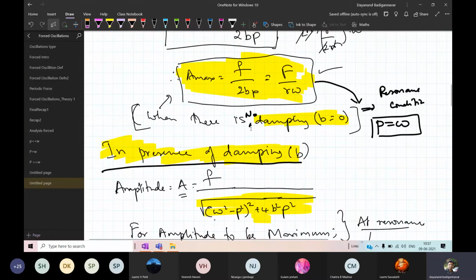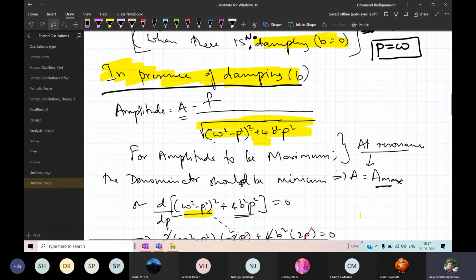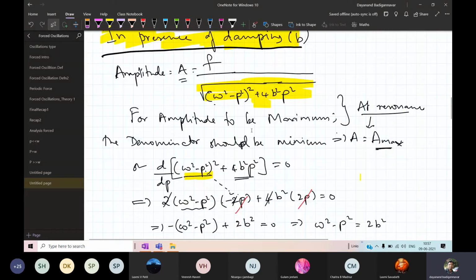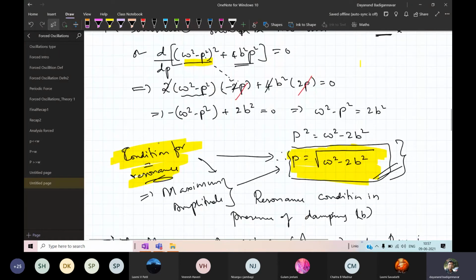When you have damping, the condition for resonance is slightly different. The condition for resonance in case of damped oscillations is given by this equation. Now P was equal to omega earlier.